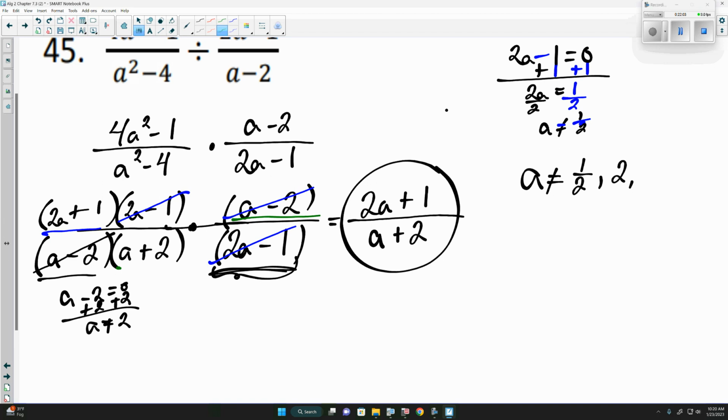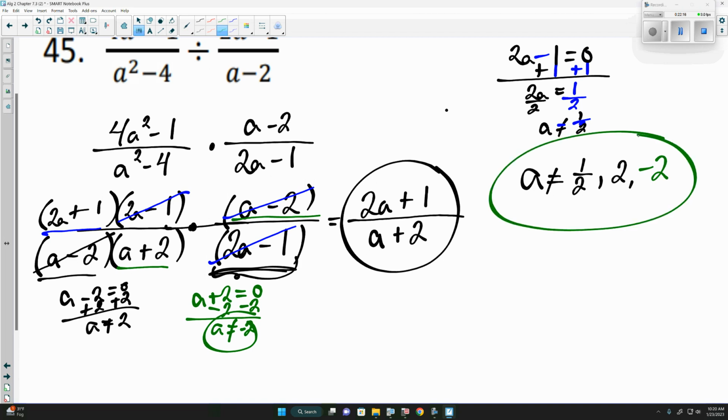And our last one is a plus 2 equals 0. So here we would subtract 2, telling us a cannot be negative 2. There can be more, they could be less. It just depends on what the denominators are, or what is going to cause us to have a division of 0.